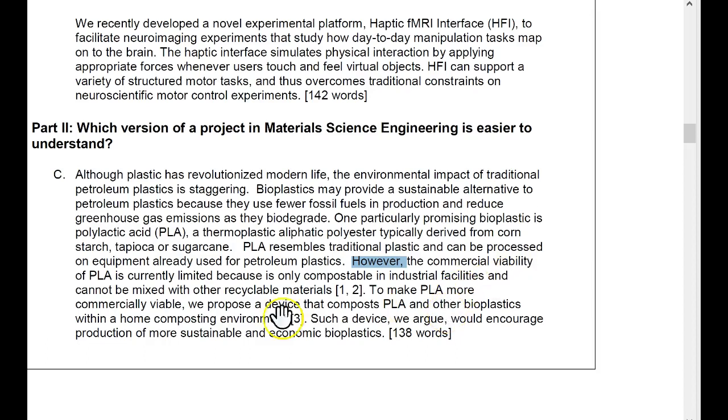So to make PLA more commercially viable, and the filling of the gap and the solution often really ties very closely to using and repeating the same language as the gap. And this last sentence here is just saying how this will change the world, what it does for society. So these are the moves that I wanted you to see in these introductions.